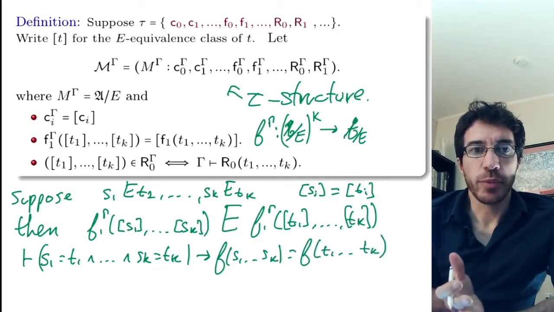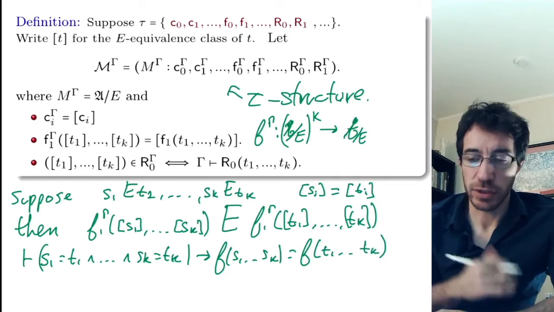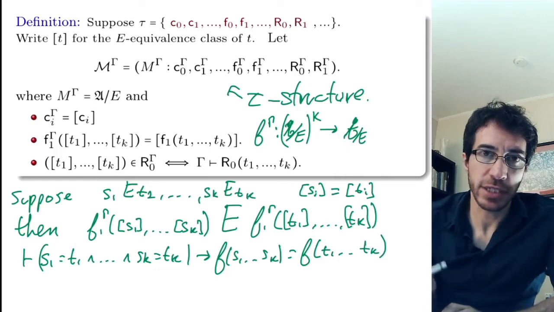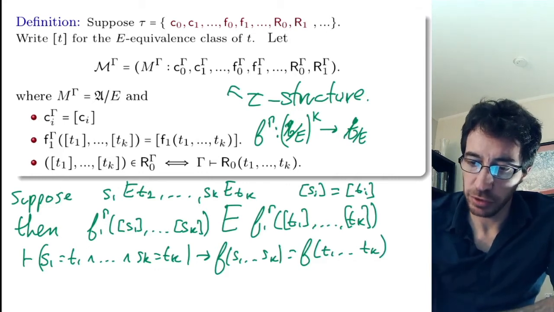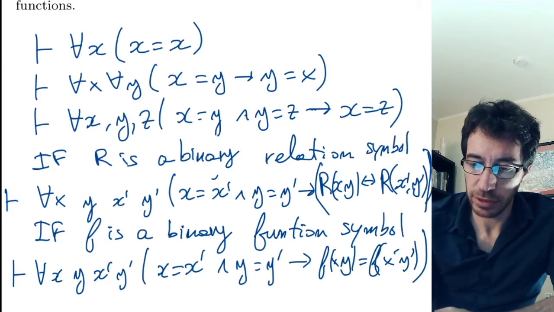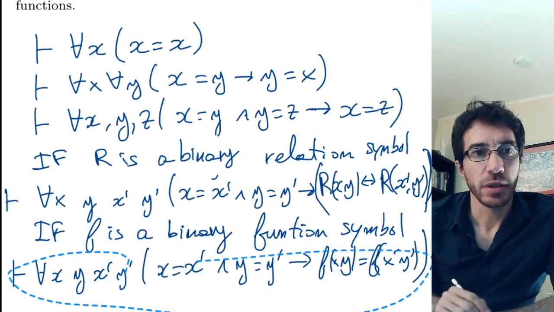So this is something that you can prove out of nothing, right? So that means having this is just an instantiation of what we had before, of this thing up here.